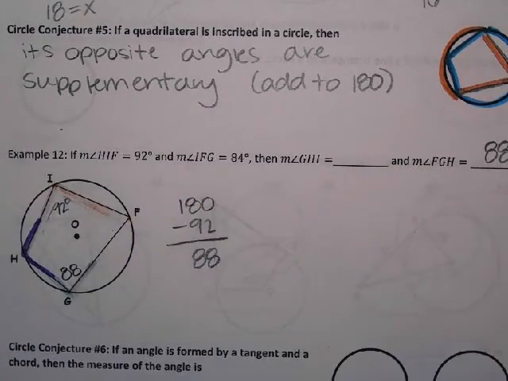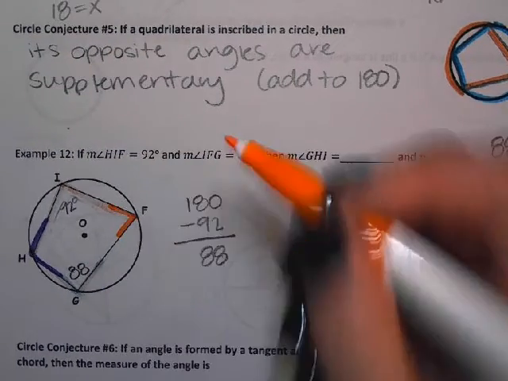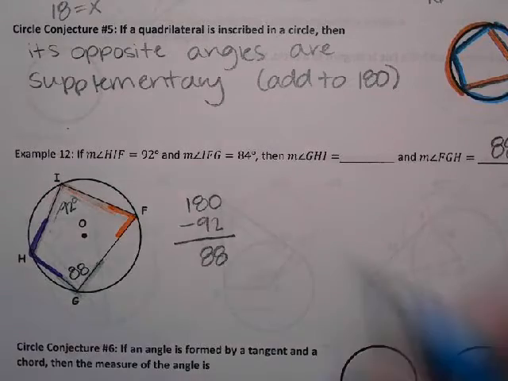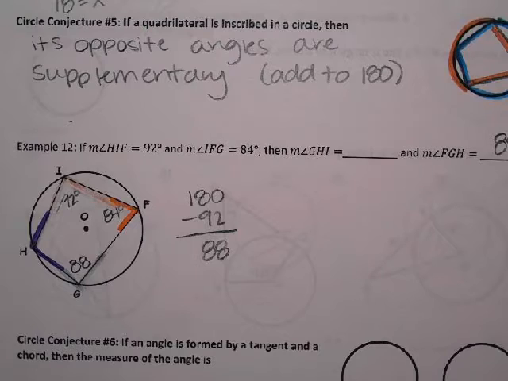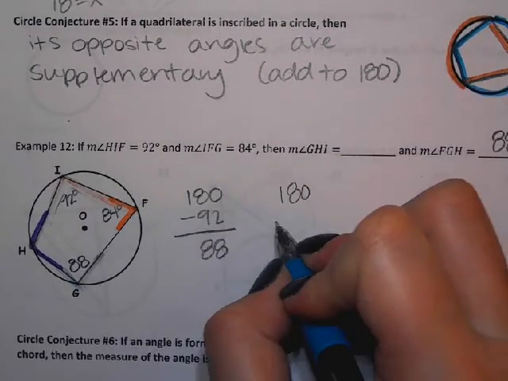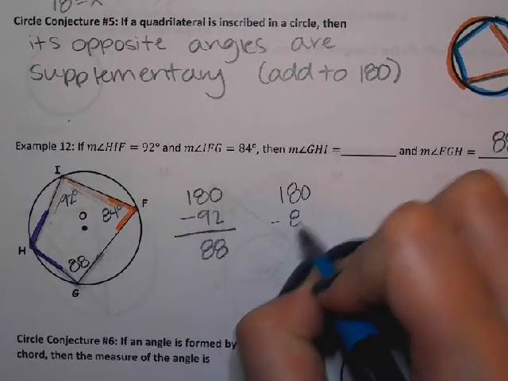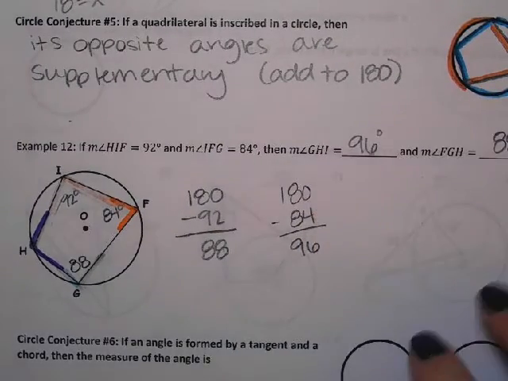GHI is what we need to find, but they did tell us that IFG was 84. All right, so what do we need to do with this one? 180 minus 84 is 96, and so the other one is a 96-degree angle.